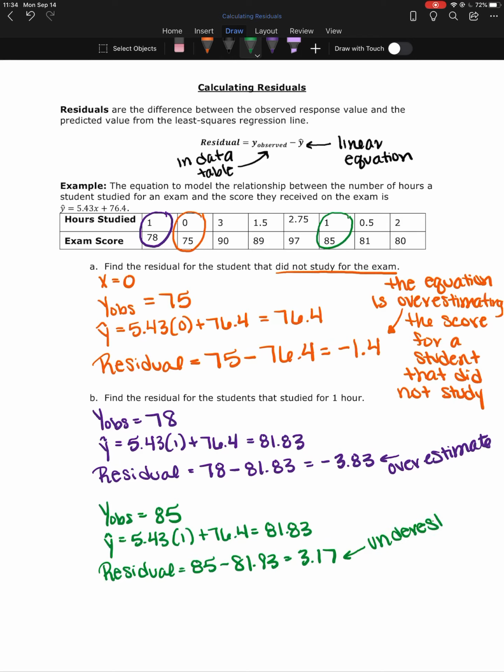However, for this student, the equation underestimated what they scored. So this student uses the model, says, ooh, I can get a low B if I only study for 1 hour, and then they get an 85. Cool, I got a few more points than I thought I was going to, because the equation underestimated what they would score on the exam.